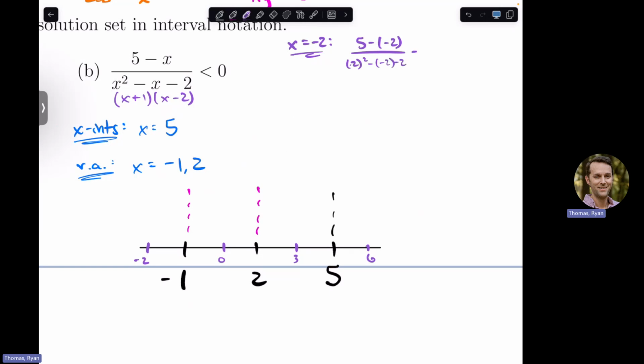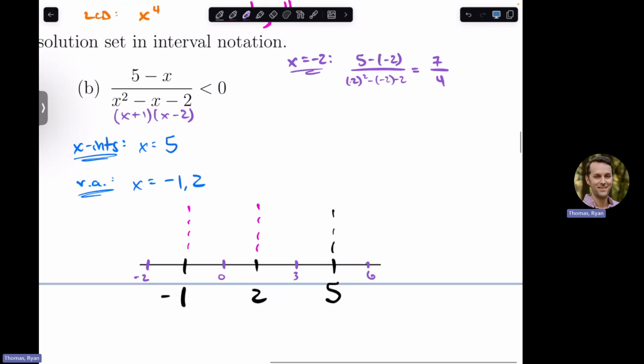You could just type that whole thing into your calculator. 4 plus 2 minus 2 is 4. Is 7/4 less than 0? No. So that statement is false on that interval.